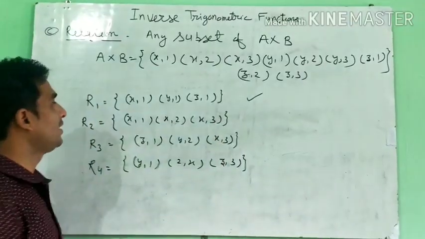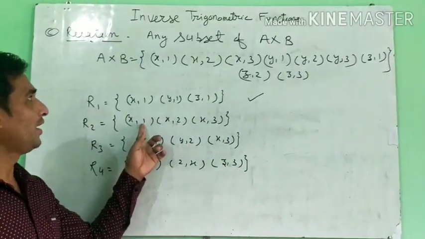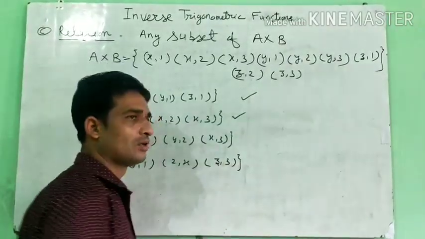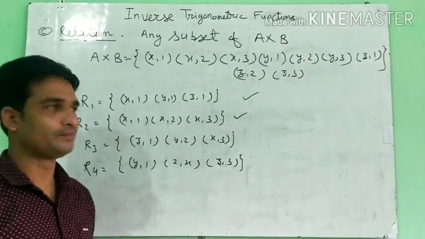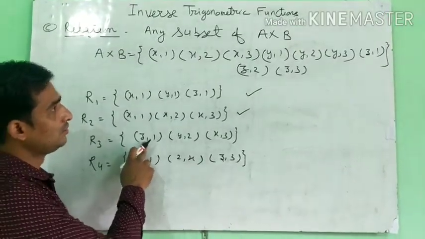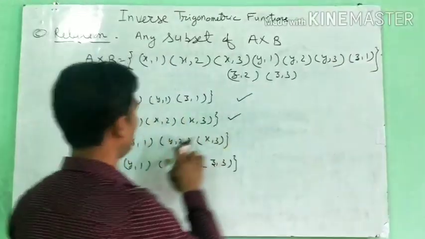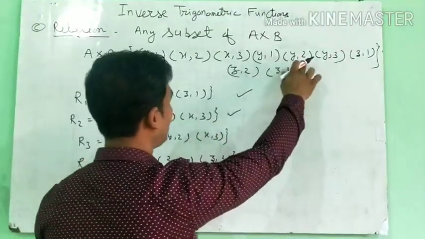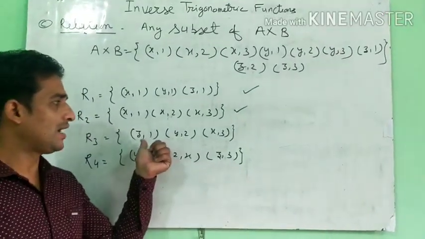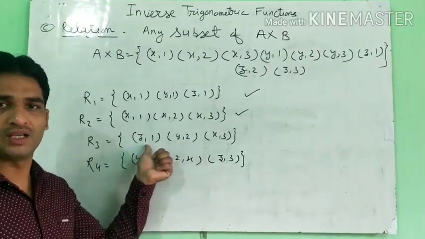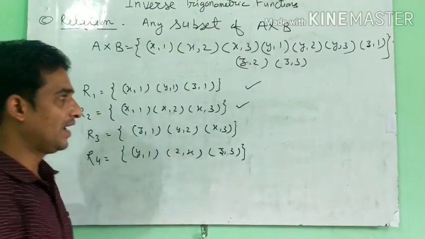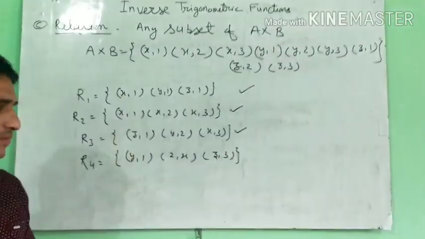These all three elements belong to A cross B. Therefore, it is also a relation. Now R3, it is (z,1), (y,2), (x,3). And these all three elements belong to A cross B. Therefore, it is a subset of A cross B and hence it is a relation.